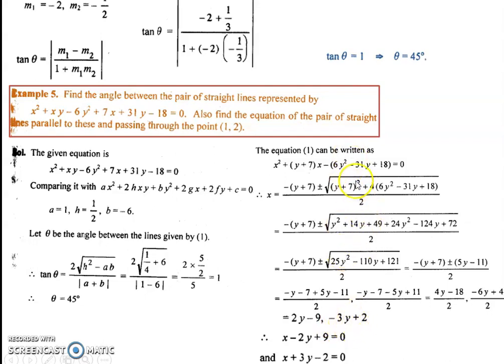Just solve it like a simple quadratic equation. The second line is X plus 3y minus 2 is equal to 0, and the first line is X minus 2y plus 9 is equal to 0. Now find the equation of the pair of straight lines parallel to these and passing through this point. So the next part is the equation parallel to this.